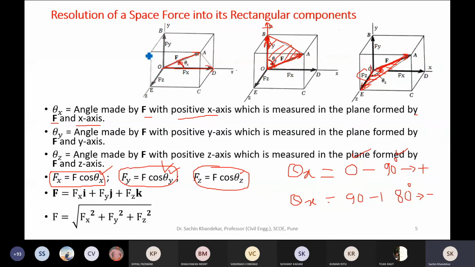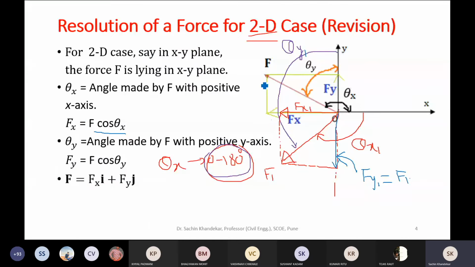Again I am repeating, this is a very important statement: finding the rectangular component means finding its projected length onto the respective axis, and projected length means the cos component. Please remember these two very important statements.